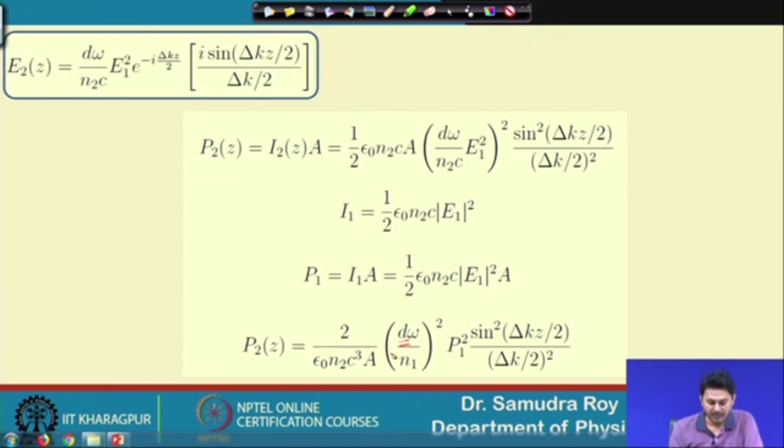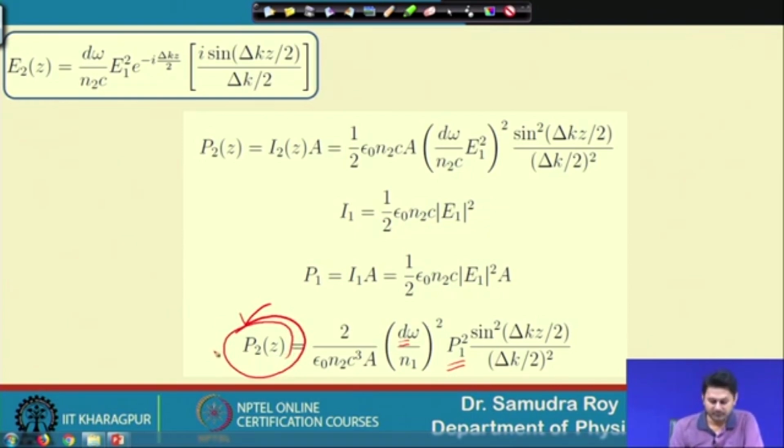So, d is squared, that means if the nonlinear coefficient is high, then P 2 will be high, that is one thing. Second thing is that P 1 is the pump and it depends on the square of the pump. So, if the pump is high, there is a possibility that we have a very high second harmonic power.